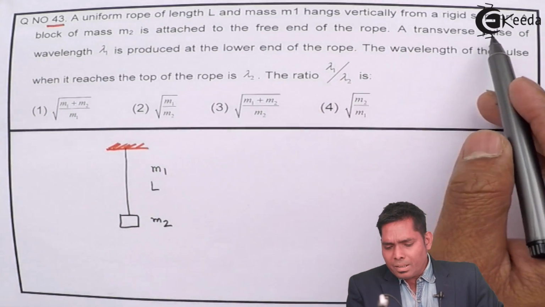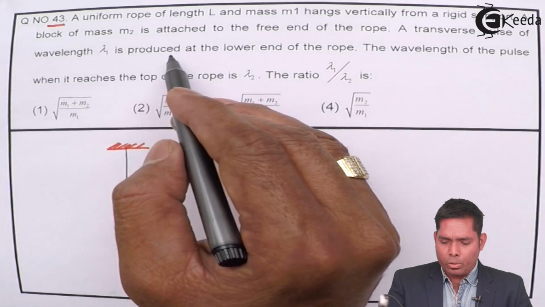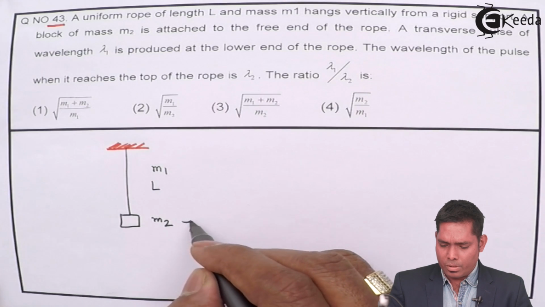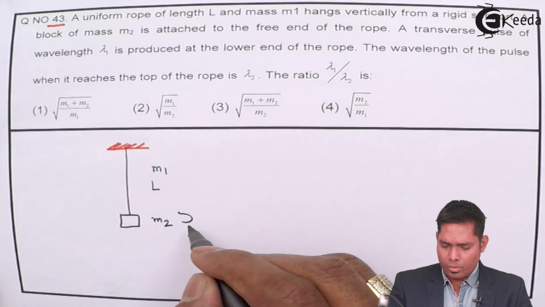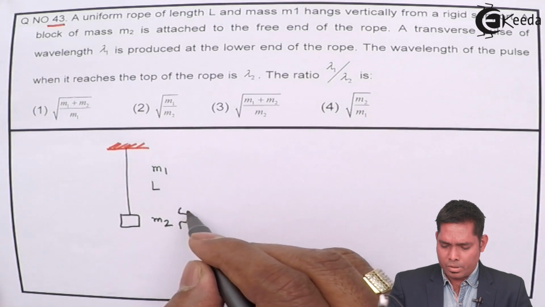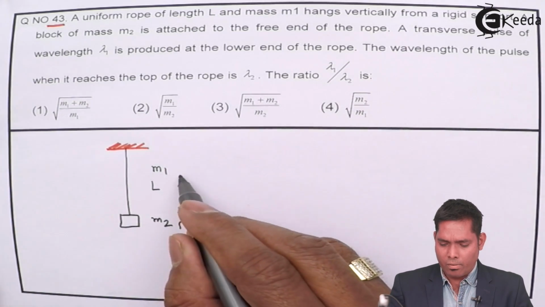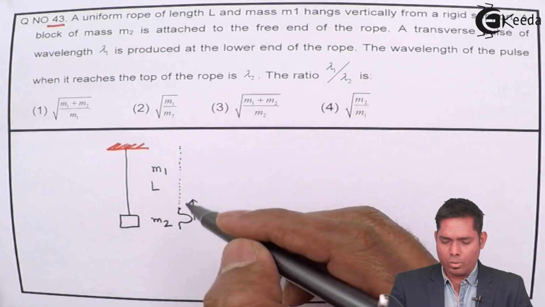A transverse pulse of wavelength lambda 1 is produced at the lower end. At the lower end here, a transverse wave pulse is produced, and it has to travel along the length.